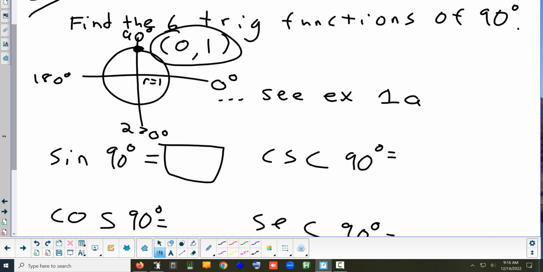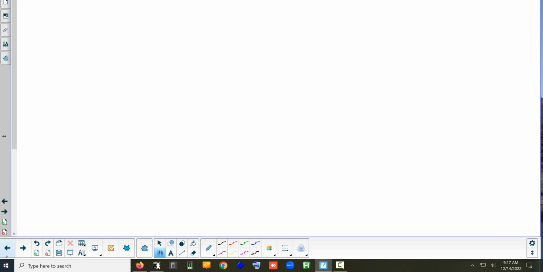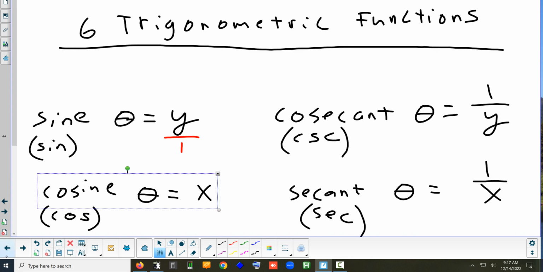If the radius were to be like 2, would 0 be 90 degrees? Yes, you could. So that's non-unit circle trig. These formulas that I gave you at the beginning change slightly if the radius isn't 1. All these 1s turn into what the radius is.